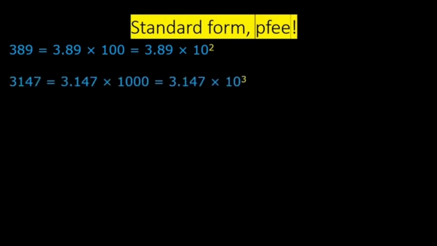All right. Another example, 3147. You can see here again that this number can be rewritten as 3.147 times 1,000, which we can rewrite in standard form now as 3.147 times 10 to the power 3, that is 1, 2, 3 zeros.